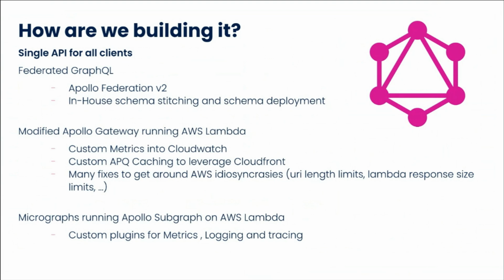Things like names and all of that, so that our centralized Grafana can pick those things up and let teams build pretty dashboards. We also have a few other plugins that deal with some of the special headers we use at Moonpig. And then we've also recently built a few plugins around tracing in order to enable AWS X-Ray. Again, it's all about integrating better with AWS and leveraging AWS as much as we can.